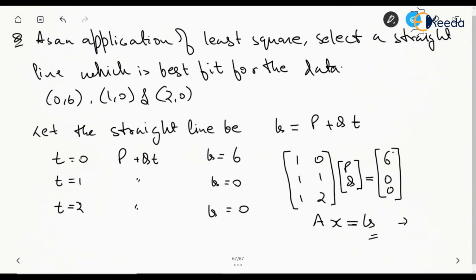So P can be taken as a constant, so this becomes P plus 0 times Q, this becomes P plus 1 times Q, and this becomes P plus 2 times Q. So it has to satisfy that B is equal to 6, 0 and 0.